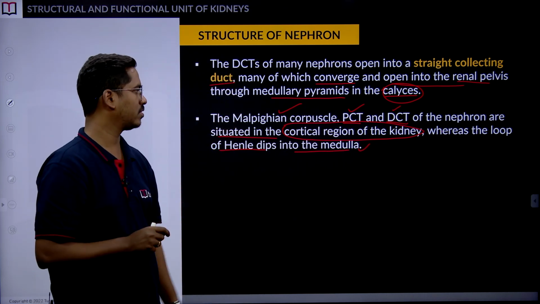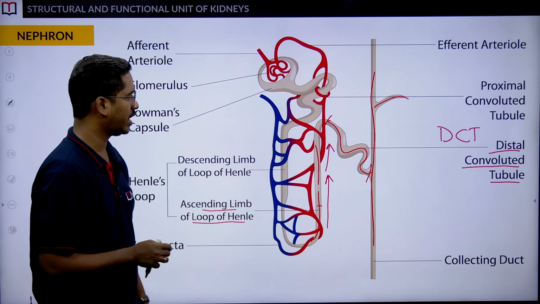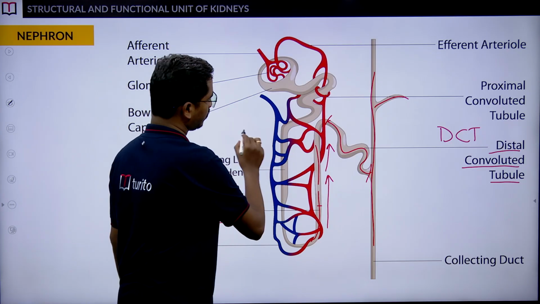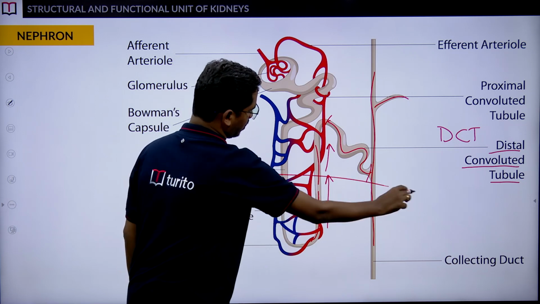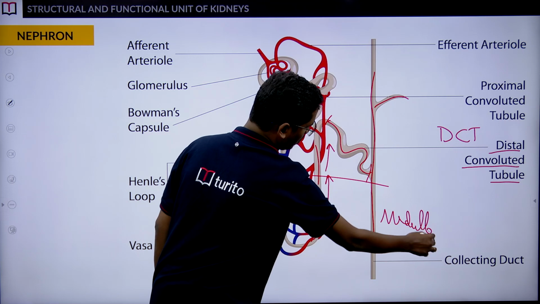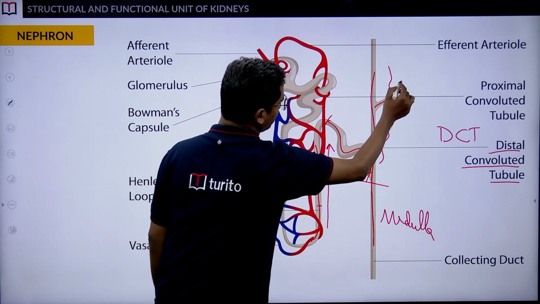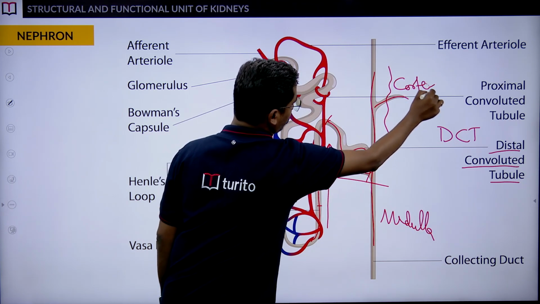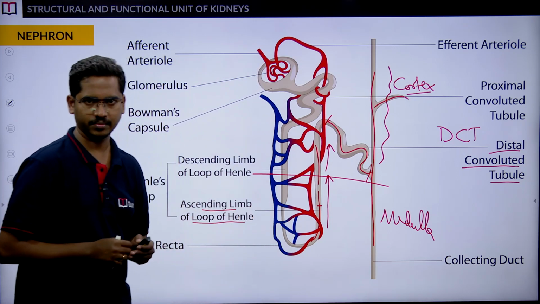So, this is the nephron's arrangement. Somewhere here you see it is inside the medulla, okay, and from here this region is inside the cortex. So, that is what is said here, right.